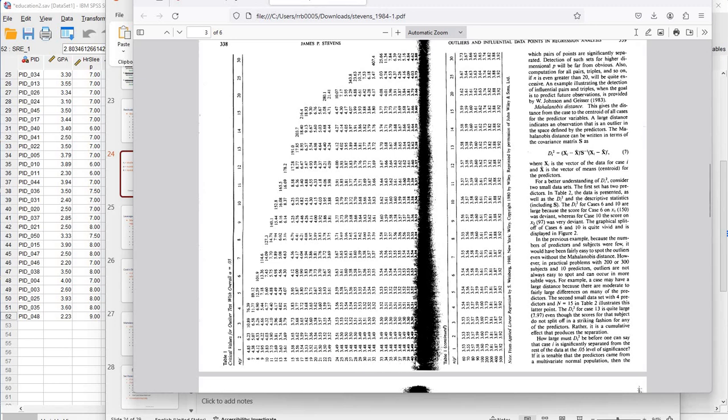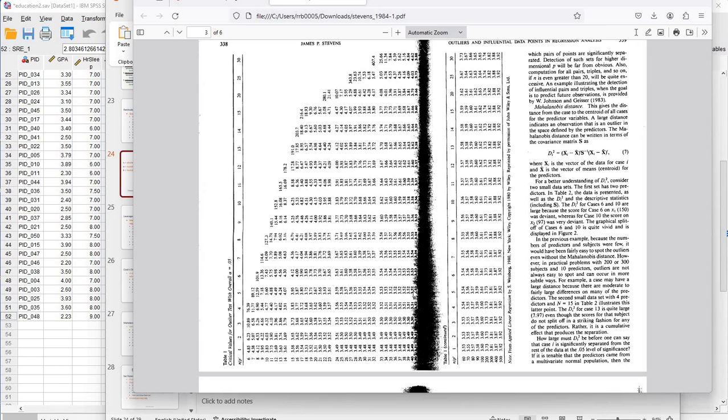And so we have 43, but that puts us right here near the bind of the page, which is unfortunate, but you can still see it there. And then we have P prime, which is telling us the number of parameters, which is 5. And so we're going to go down that column until it intersects with our number of observations. It looks like we get a cutoff or a critical value of 3.52.